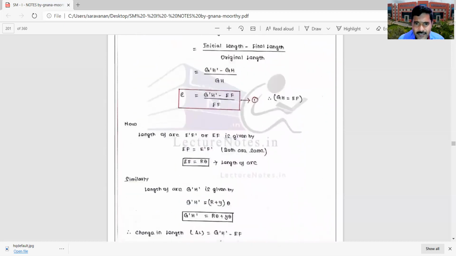Therefore, instead of GH, we can substitute EF: G dash H dash minus EF, divided by EF.